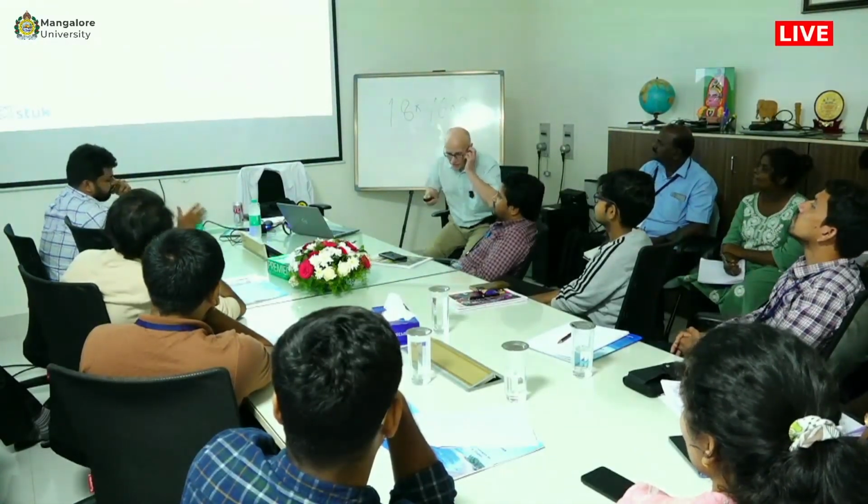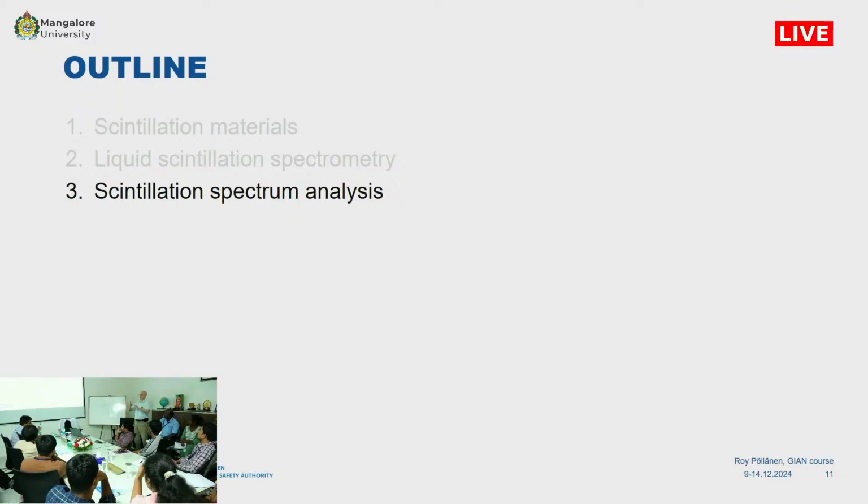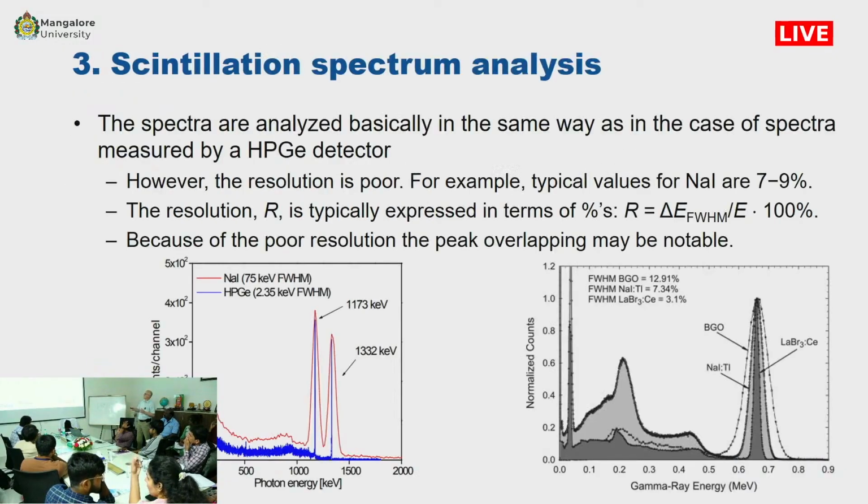So, about the scintillation spectrum analysis, I would like to compare. I'm not considering here liquid scintillation systems, only those solid systems. Basically, the spectrum analysis is the same as for high purity germanium. There are no big differences, except, of course, the resolution, which is not very good.